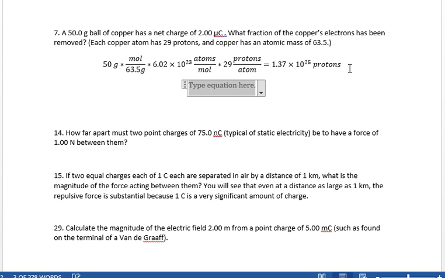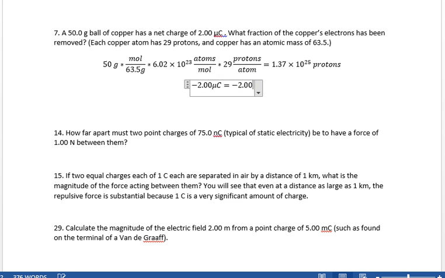So, how many electrons are we talking about having to remove? We have to remove minus 2 microcoulombs of electrons.